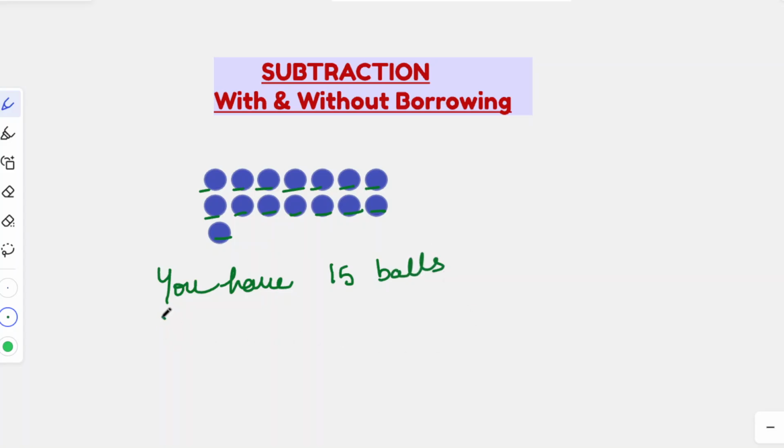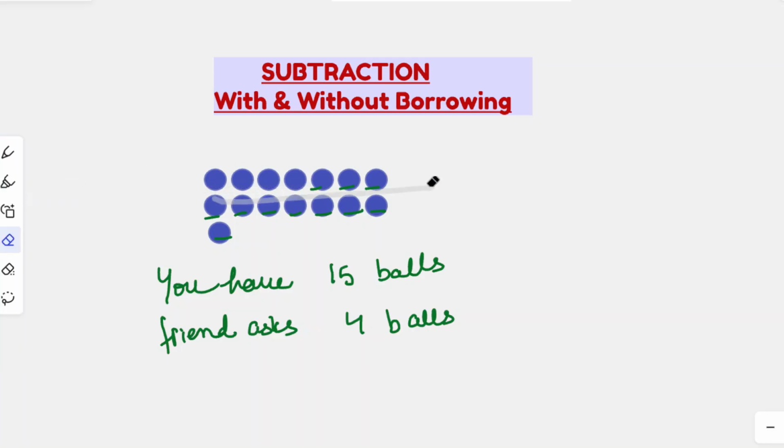Now your friend asks for 4 balls. Your friend is asking you to give away 4 balls, 4 marbles, you can say. Alright. So how much will be left with you? If you give away 4 balls from your collection, how many are you going to be left with?